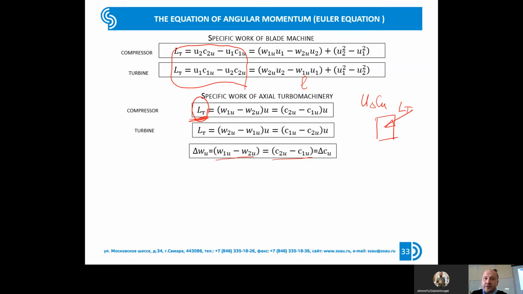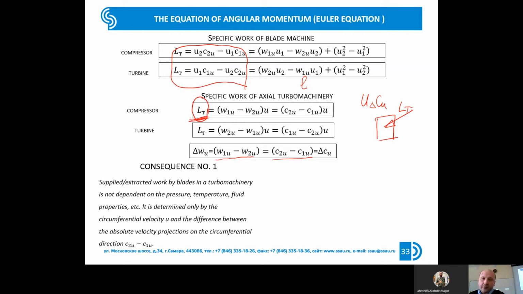And looking at this equation, let's try to find some conclusions. First conclusion, the specific work which you are supplying or extracting from the flow using blades depends only on two things. It depends only on circumferential velocity, and on the difference of the circumferential projection of the flow velocity. It's a really important idea.